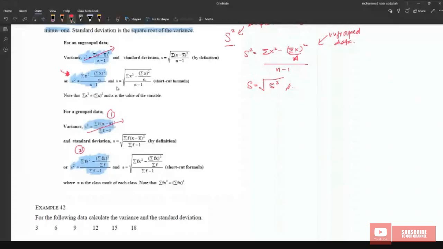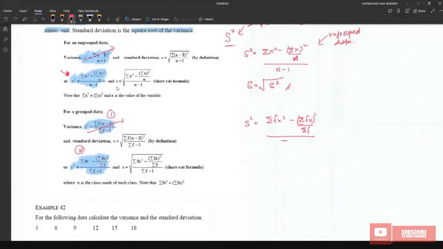So sample variance for grouped data is summation of fx squared minus summation of fx, all squared, divided by summation of f, divided by summation of f minus 1.